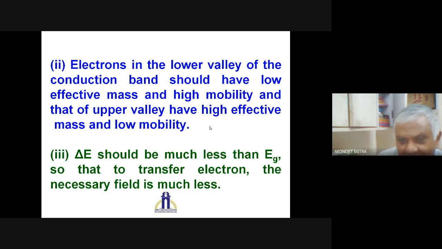But one thing is clear, and later on again I will mention, that every compound semiconductor material may not satisfy these three conditions. So that's why from every compound semiconductor material, the fabrication of Gunn diode or the Gunn effect is not possible. So that is a very fundamental question.